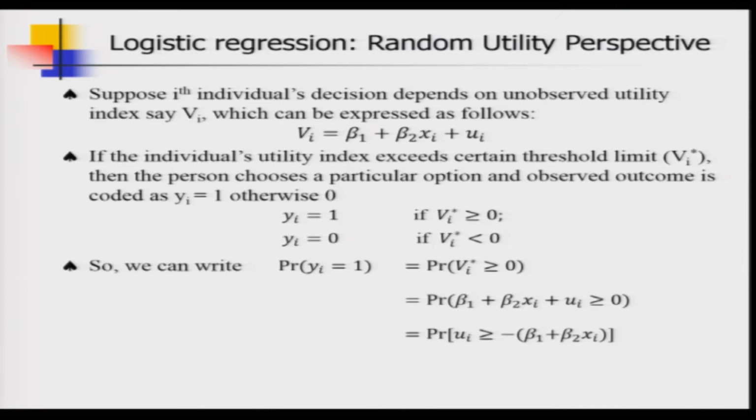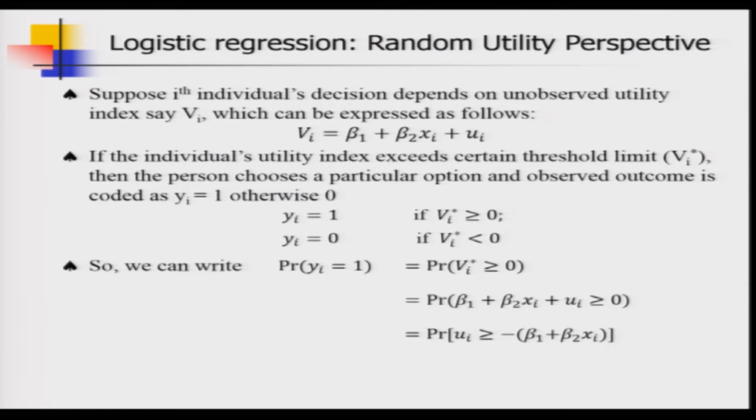Here I am assuming that there is only one explanatory variable x, which is determining the values of utility, and that is why we have this simple two variable regression model. Of course, ui is the stochastic random error term.